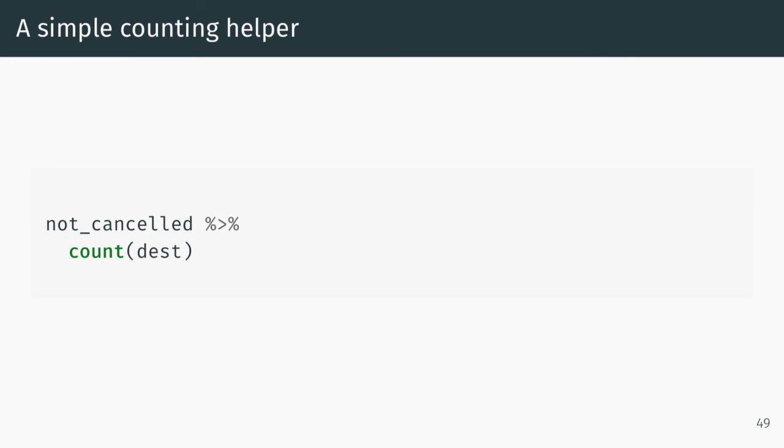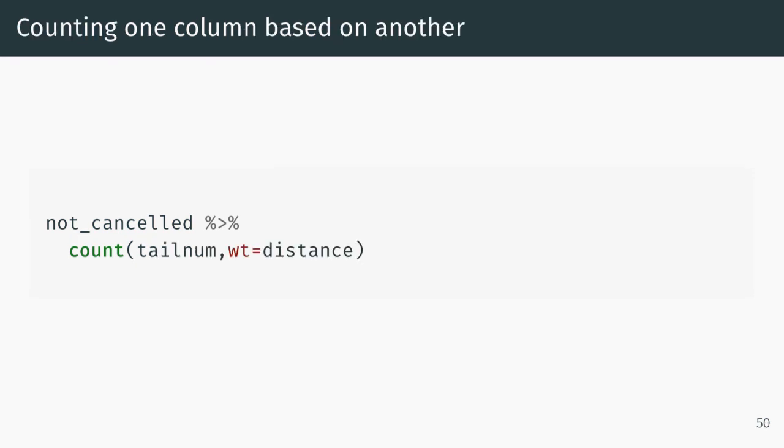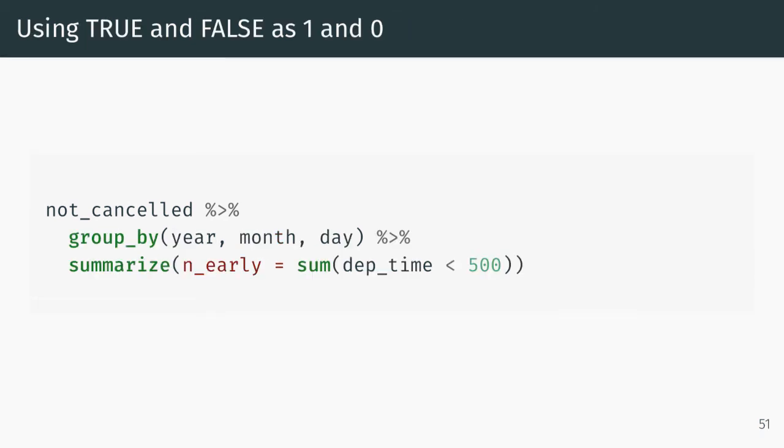Here's just a simple counting helper. This will tell us the number of destinations for non-canceled flights. And we're counting one column based on another column, so counting tail number based on distance. Here we're using true and false as if they were 0 and 1.